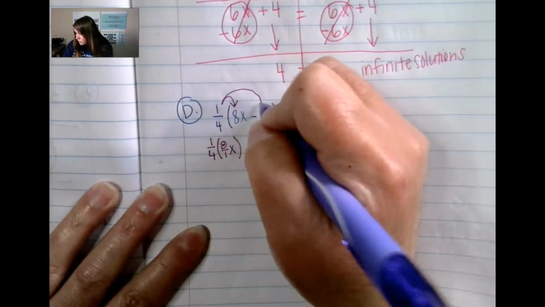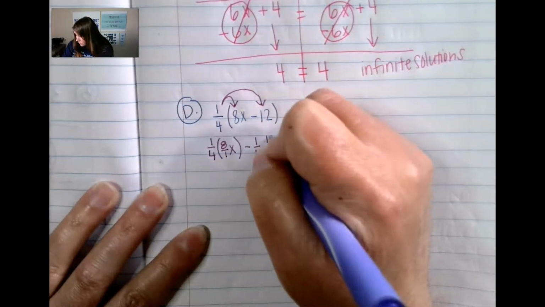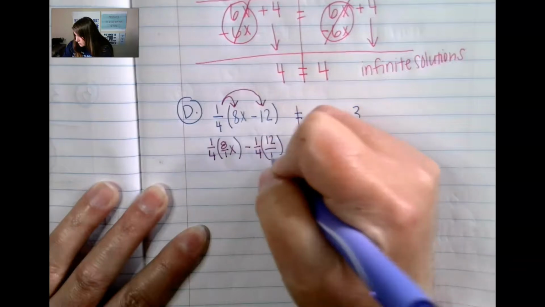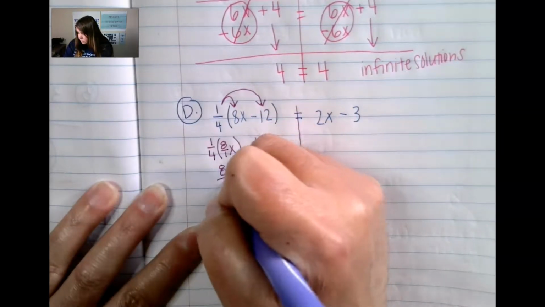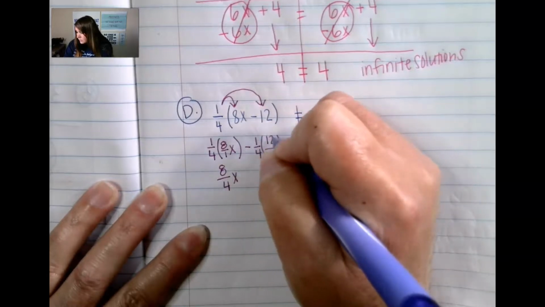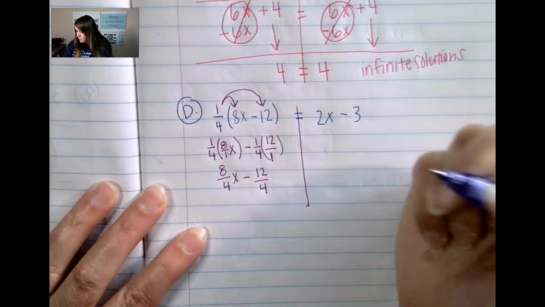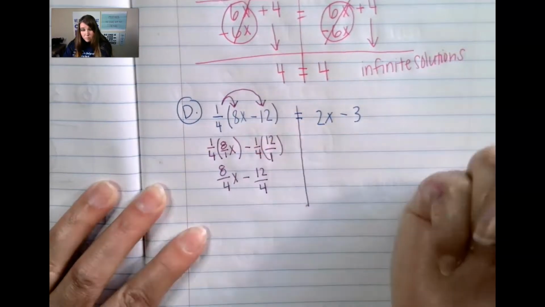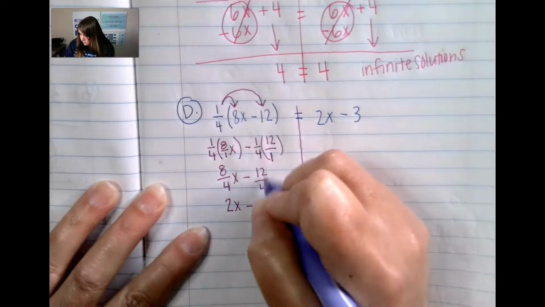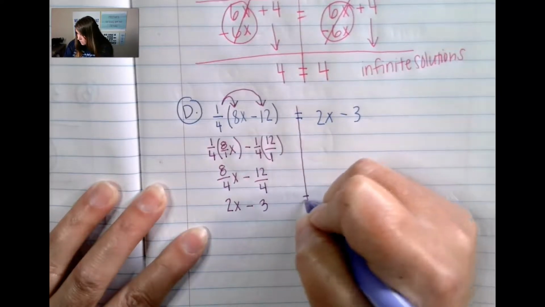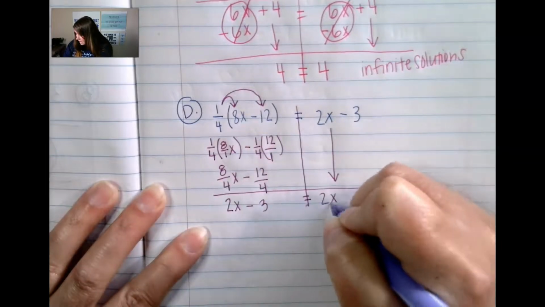And I have 1/4 of 12, so minus 1/4 of 12 over 1. Now I can do 8 over 4x minus 12 over 4. And we're just going to simplify. 8 divided by 4 is 2x minus 3. Oh my gosh. And look, I'm just going to bring this all the way down. 2x minus 3.